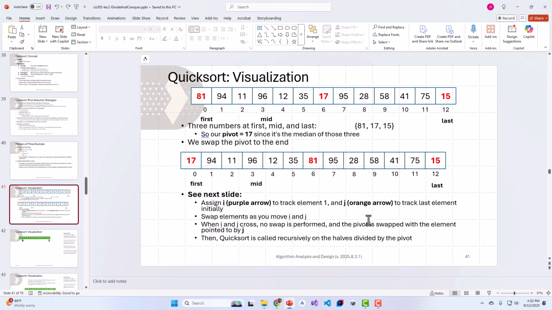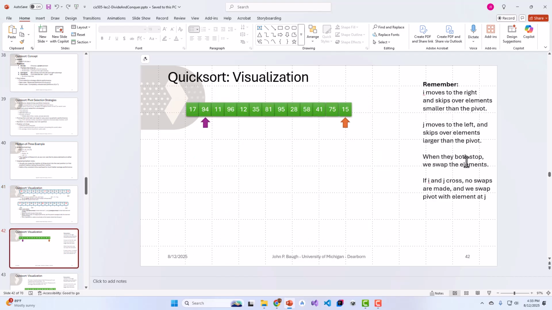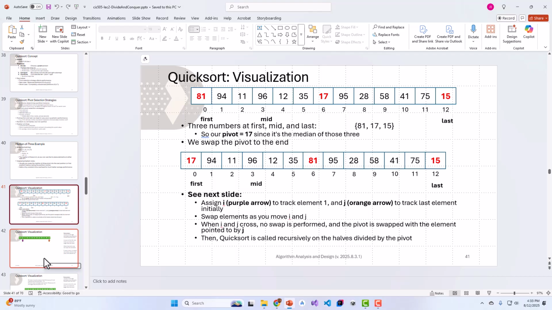You will swap elements as you move I and J. You're going to come in from both sides depending. When I and J cross, no swap is performed, and the pivot is swapped with the element pointed to by J. And then that formally puts everything where it's supposed to be for that round. Okay? And then Quicksort is called recursively on the halves.